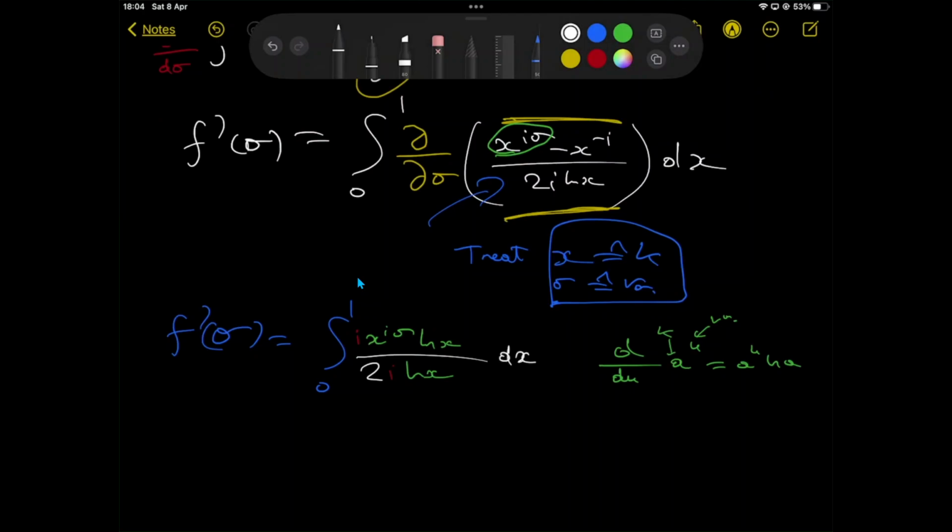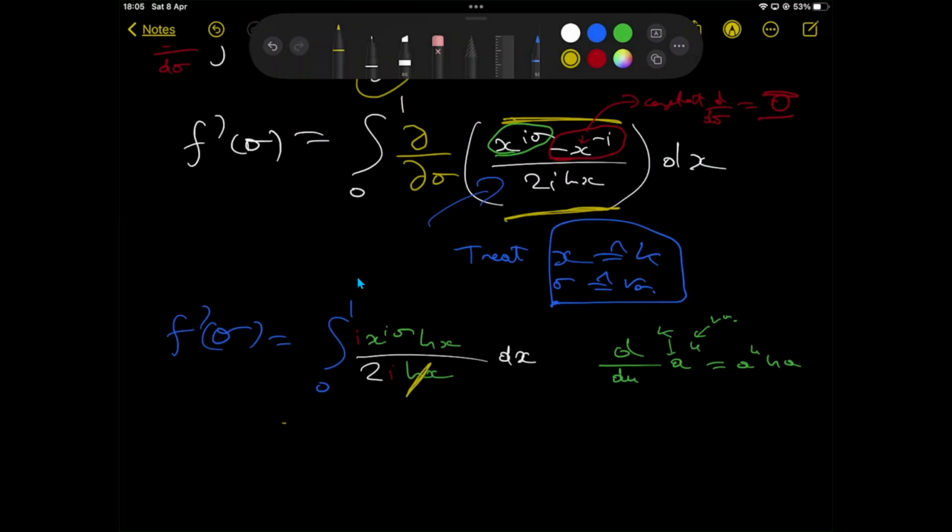If you're wondering what happened to the other part of the function, x we're treating as a constant, and i is always a constant. A constant differentiated with respect to a variable literally just gets you 0, so we don't need to write 0 over there. Now if you look at this bottom line, we can do some cancellation.